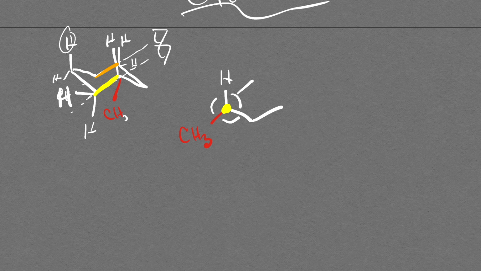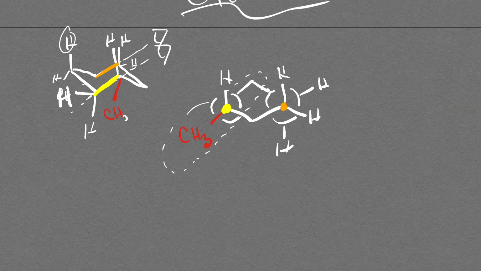And then we can actually just fill in. So this is looking down the orange bond right here. And those are just hydrogens. Go down here and here. And then we have our perspective arrows, and those go here. And you have a hydrogen and a hydrogen. And now you see, no longer gauche. Anti.